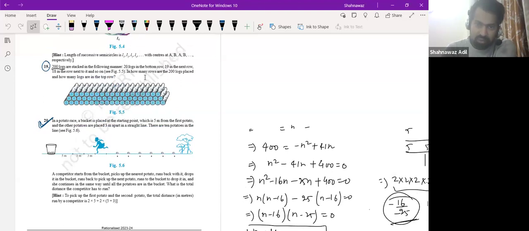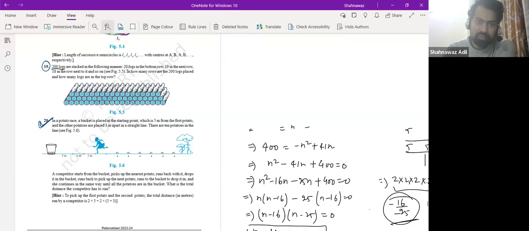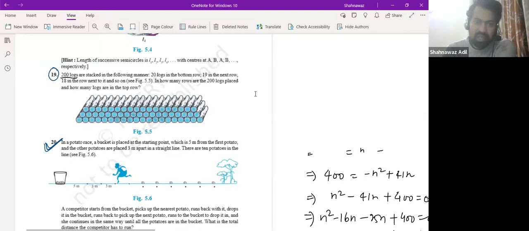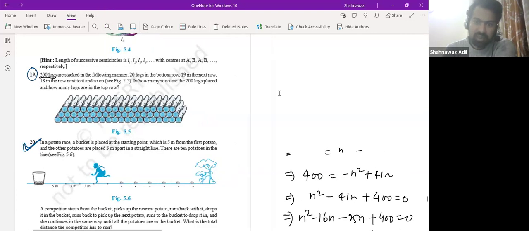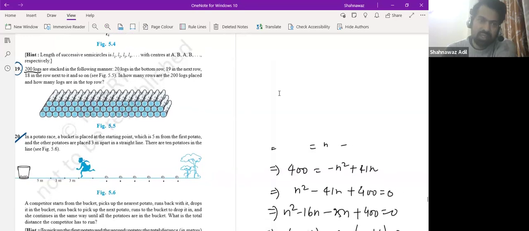In how many rows are the 200 logs placed, and how many logs are in the top row? So you do this question, the 19th one, and tell me what answer you are getting.